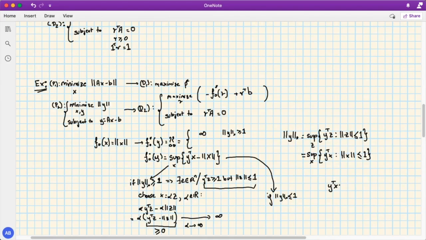That's not true. It is only true if x is within the unit ball. So this thing is less than 1 only if the norm of x is less than 1. Keeping that in mind, y transpose x for any x, not necessarily with bounded norm or unit ball norm, right? Could be written as, if I multiply and divide by the norm of x.